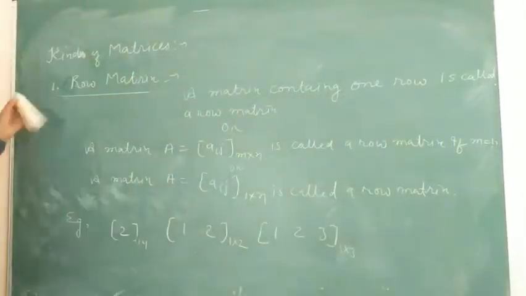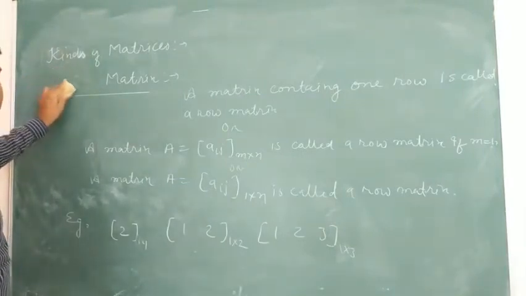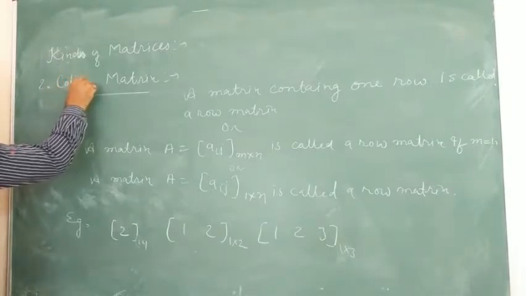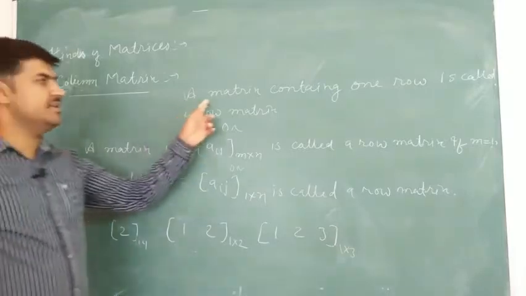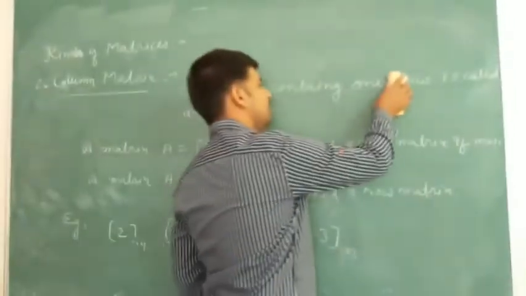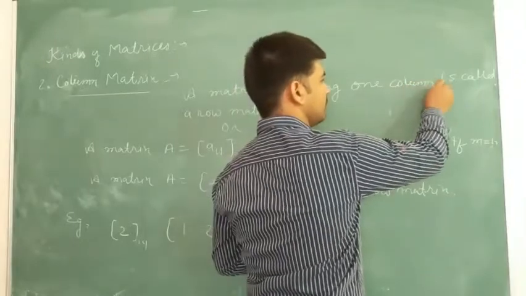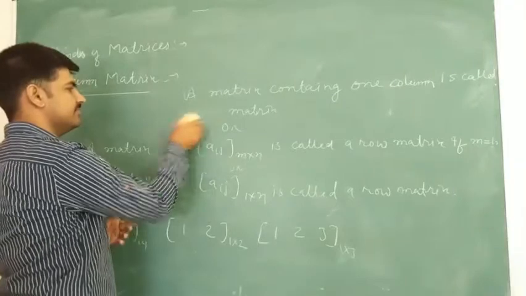So the first kind of matrix we have studied is a row matrix, and now the next one, column matrix. Students, a matrix containing only one column is called a column matrix.